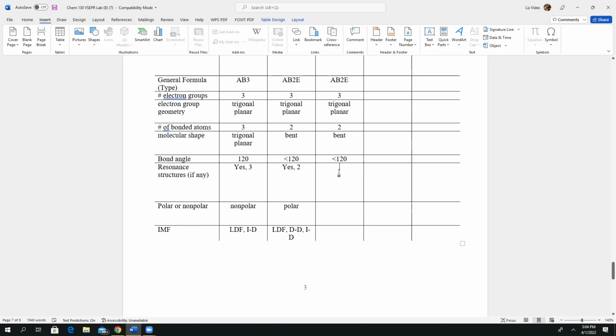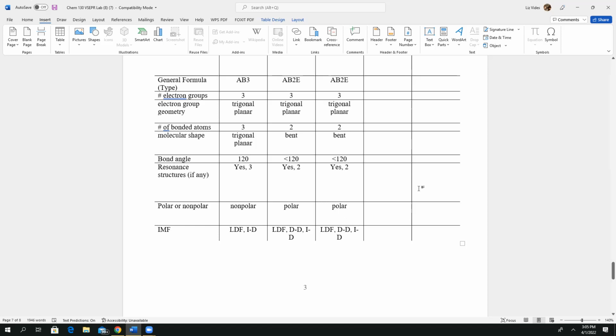Do we have any resonance? Well, yes, we do. And we have 2 again. All right. And this molecule is polar because we do have a lone pair. And that means London dispersion forces, dipole-dipole, and ion dipole are the only ones.